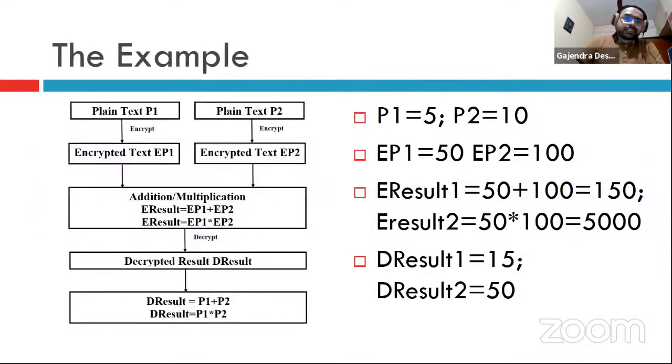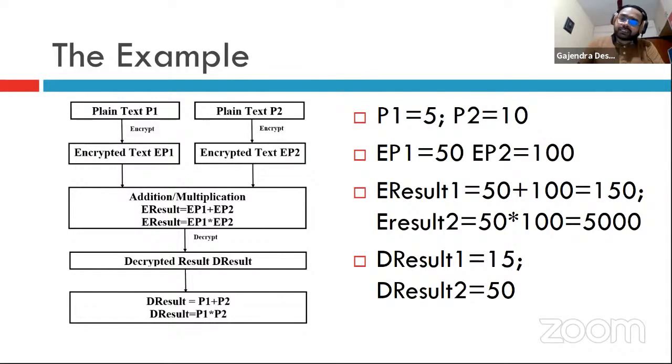Now let's consider this example. In this example, you can consider there are two plain texts P1 and P2. P1 has the value 5, P2 has the value 10. When you encrypt both, you will get the corresponding ciphertexts. That is, the ciphertext of 5 is 50 and the ciphertext of 10 is 100. When you add the ciphertexts, you will get 150.